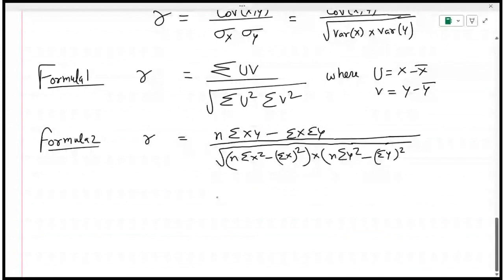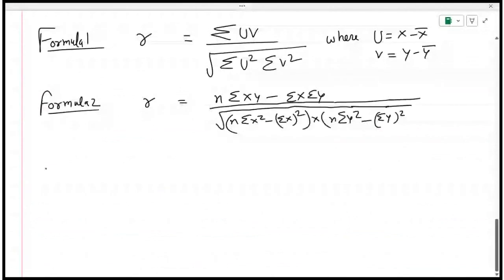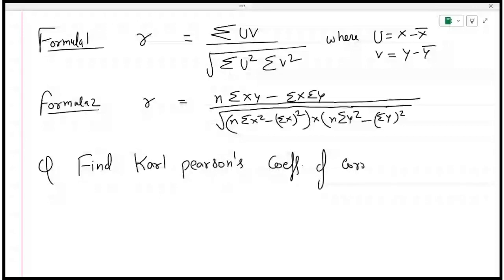So question is, find Karl Pearson coefficient of correlation between following.